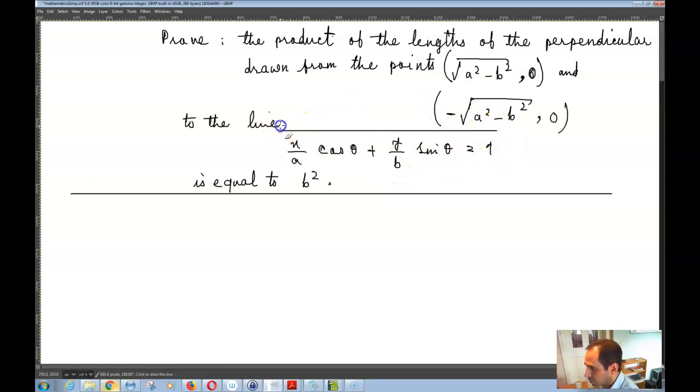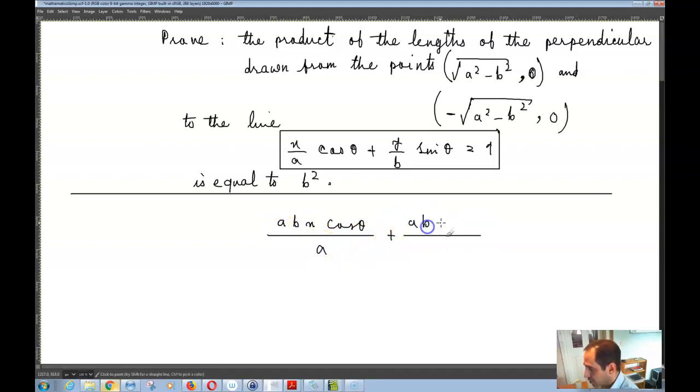This is the equation of the line, or you can write this equation by multiplying by a times b, meaning a times b times x times cos theta over a plus a times b times y times sin theta over b is equal to a times b.